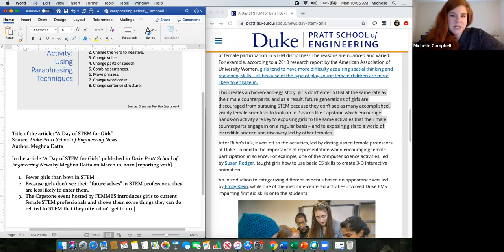One important piece of information here that maybe you caught or maybe you didn't catch, notice that they refer to both girls and female scientists and visibly female scientists. So that's an important signal to say that this organization and this event is trans inclusive.